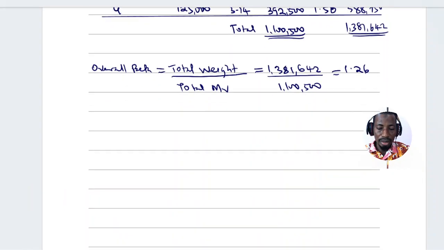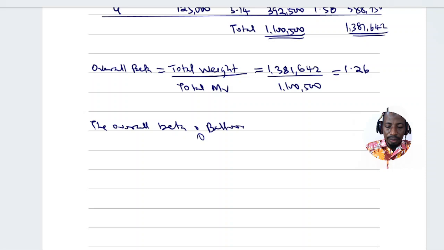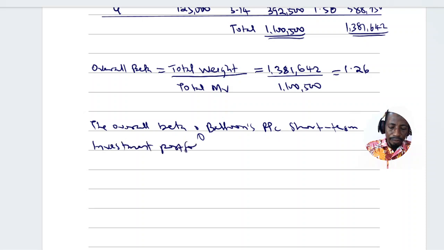1.26. So I need to interpret this. So the overall beta of Balloon PLC short-term investments portfolio is 1.26.